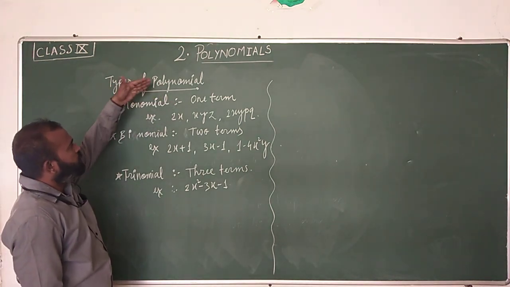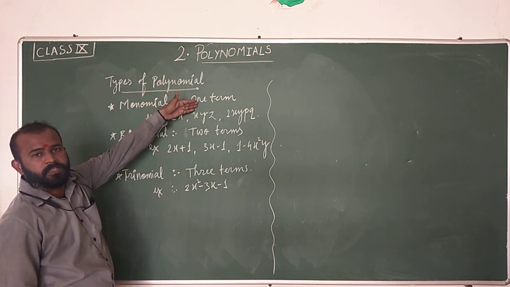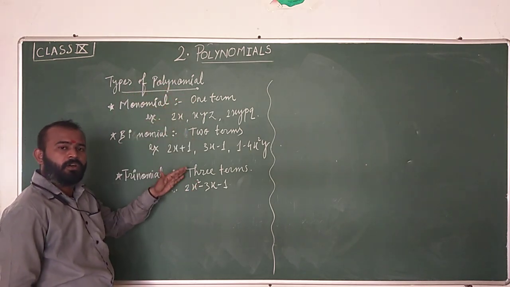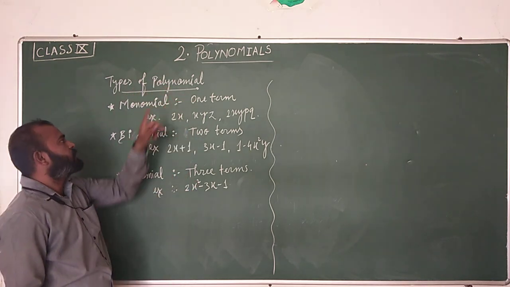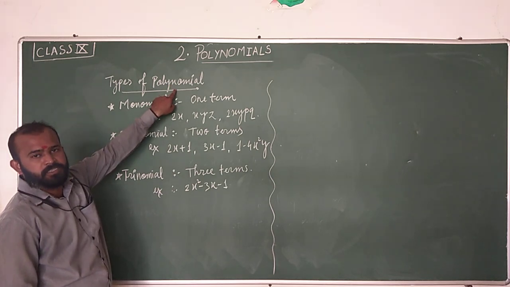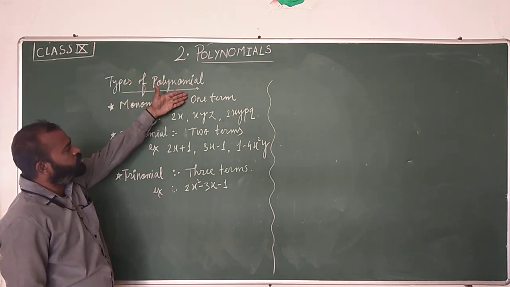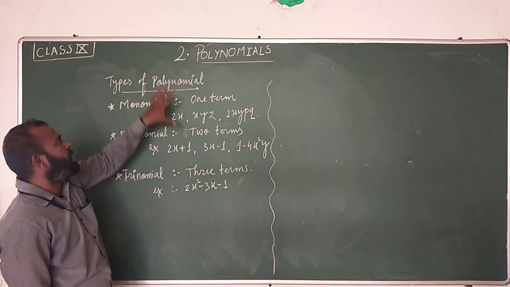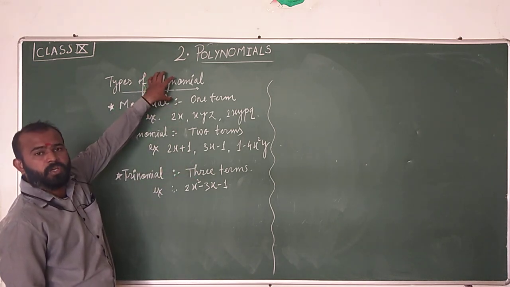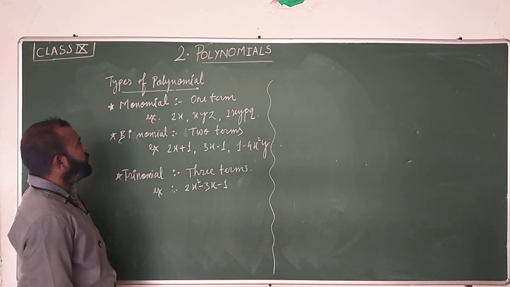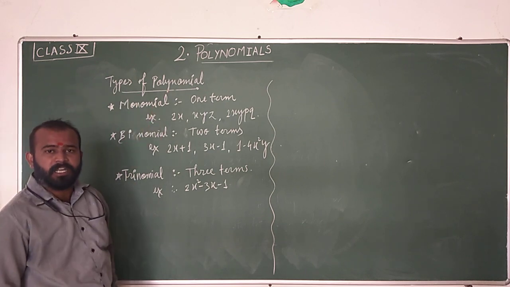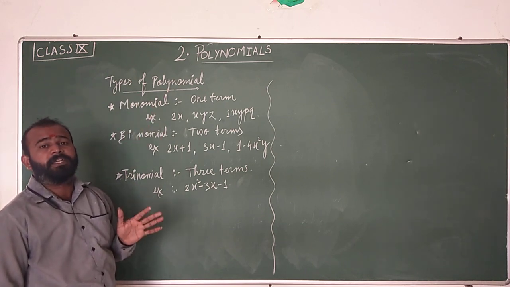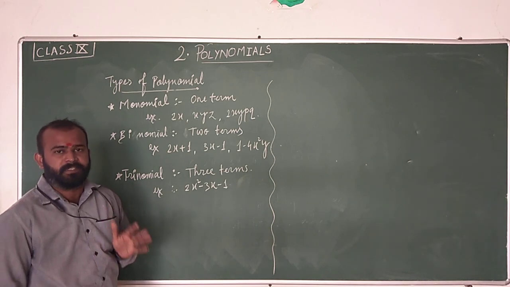Means a polynomial is having one term, two terms, three terms, or more than that. ठीक है? एक टर्म हो, दो हो, तीन हो या इनसे ज्यादा भी होते हैं, so that all are included in polynomials. Okay? Now, again the polynomials are divided on the basis of their degree.